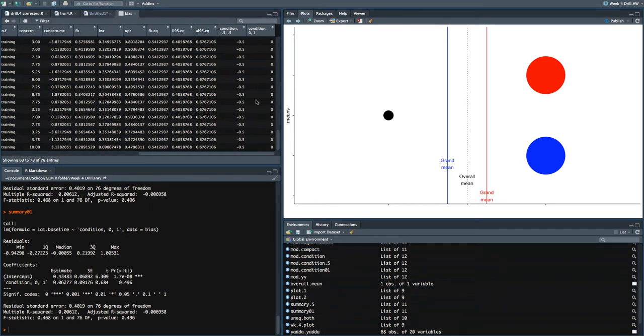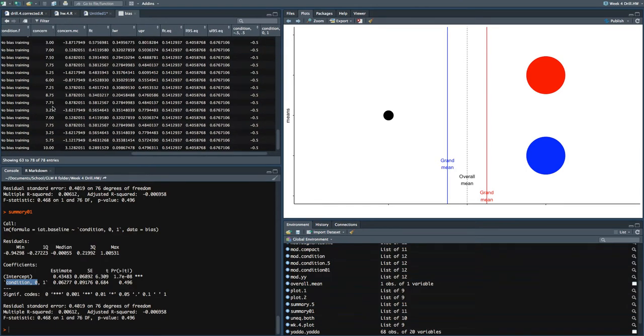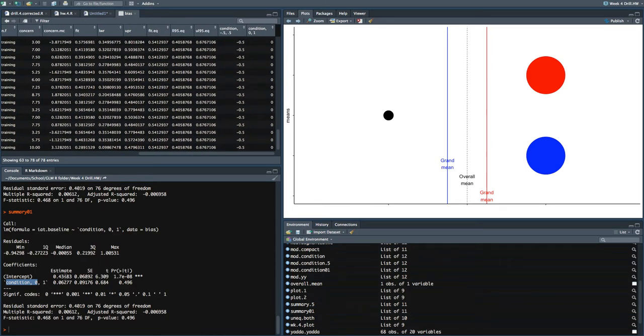So when we look at this output right here, this is the estimate when condition is equal to 0, or in other words, when condition is no bias training. So this is the mean.